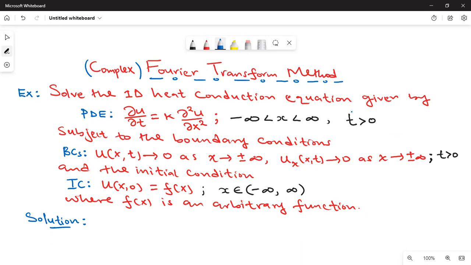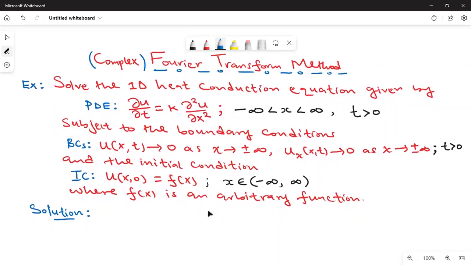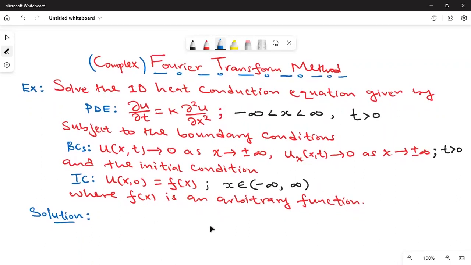And the initial condition, that is when time is 0, our solution should be f of x in the domain that extends from negative infinity to positive infinity. The f is an arbitrary function. So how do we go about this problem? Using what we call the complex Fourier transform method.